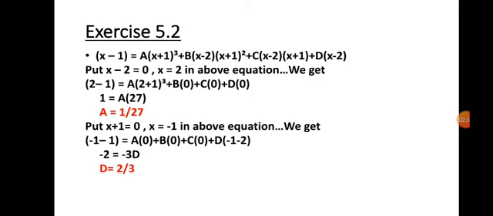Moving on, students, x minus 1 is equal to A into (x plus 1) whole cube plus B into (x minus 2) into (x plus 1) whole square plus C into (x minus 2) into (x plus 1) plus D into (x minus 2). This is the equality between two polynomials.